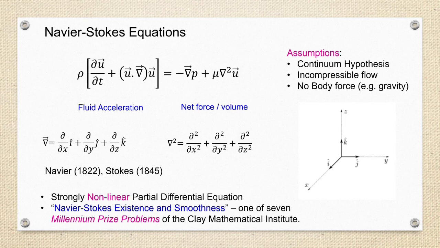So mathematically, it has not been possible to establish whether a solution exists to the Navier-Stokes equation under a fairly general set of boundary conditions, and whether these solutions are smooth. So it's an important problem in mathematics.